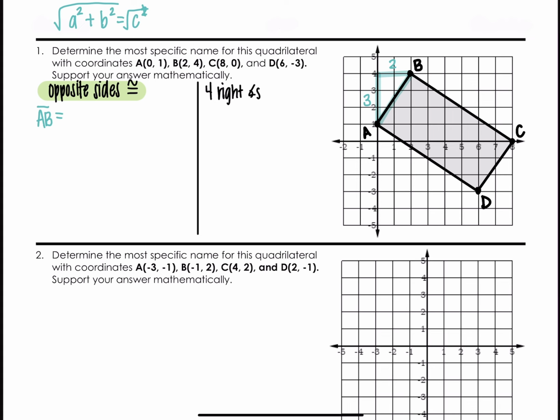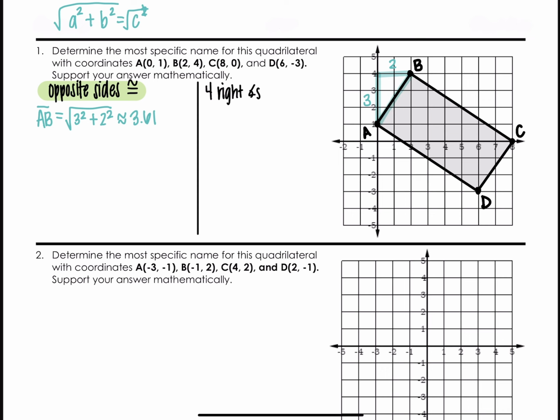So it's really the square root of 3 squared plus 2 squared. 3 squared is 9, 2 squared is 4, 9 plus 4 is 13, and the square root of 13 is approximately 3.61. So that is the length of this first side. This length is 3.61 units long.